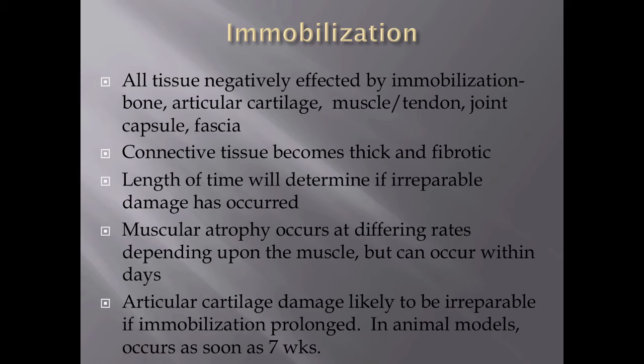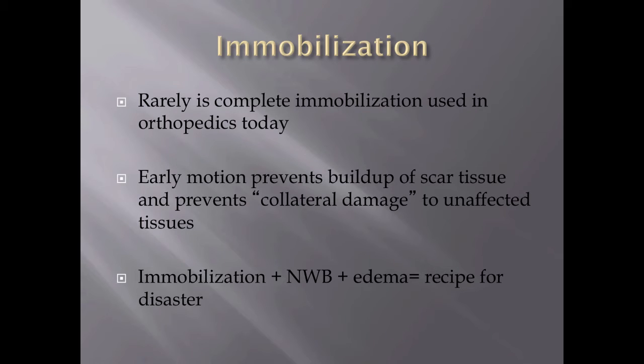We've gone from just a knee immobilizer to a hinged knee brace, because the articular cartilage will go downhill very fast, and it has a slow metabolism, and it'll return extremely slowly and maybe irreparably, which is going to lead to an early onset of arthritis for these individuals. Irreparable damage in animal models can occur as soon as 7 weeks. So we usually try to keep immobilization limited to ideally less than 4.